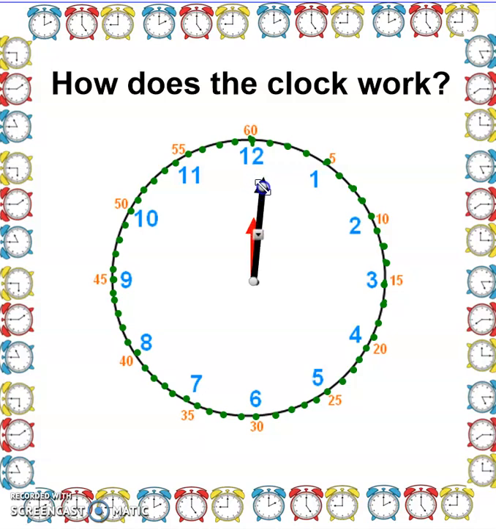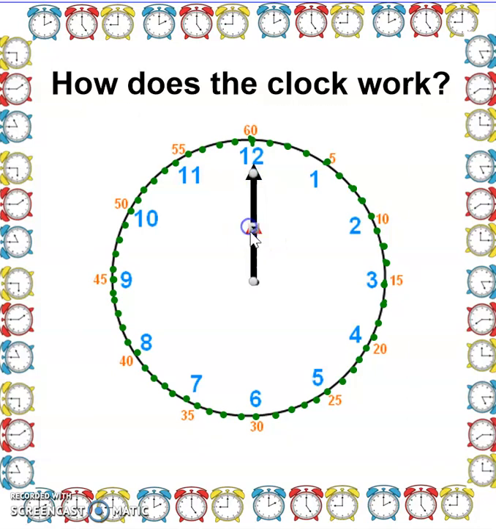As it's moving, it's counting 1, 2, 3, 4, 5, 6, 7, 8, 9, 10. It keeps moving and counting, ticking until it gets here again, which is 60. It completes to 60.